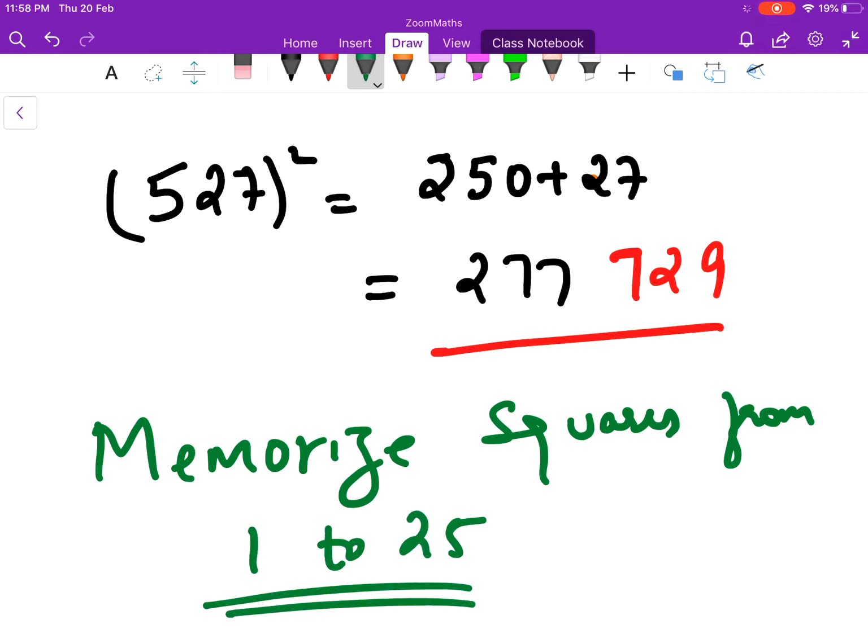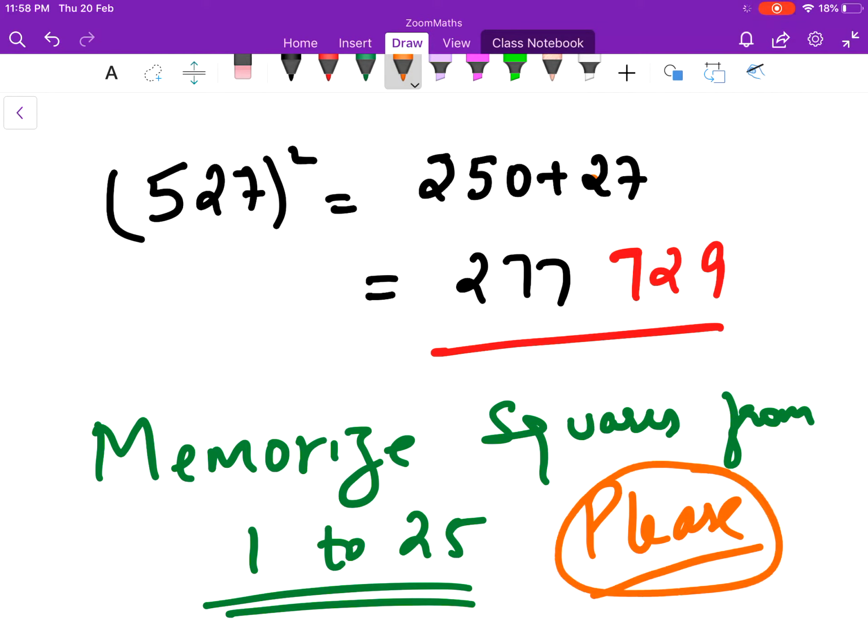You'll be able to do all the squares from 1 to 100 also, if you know squares from 1 to 25, using the base numbers or numbers close to 50, or the other techniques I showed you. Please, please memorize squares from 1 to 25 at least. Then you can use these steps and get the answers for the other numbers.